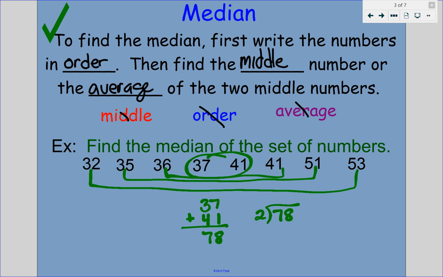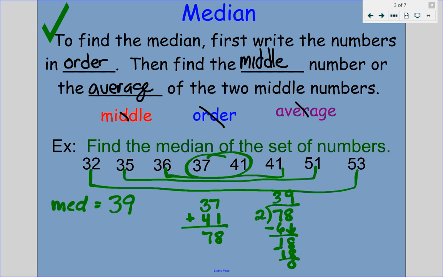If it's an odd set, you're golden. You don't have to do any other computations. But if it's an even set, then we add the numbers and divide by 2. When I divide by 2, I get 39, so my median equals 39.